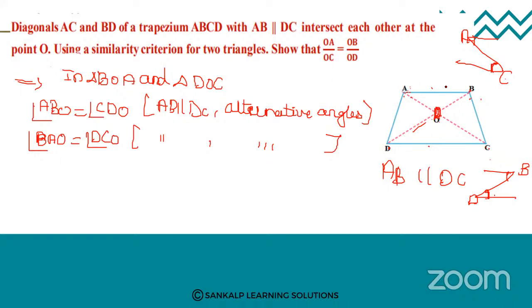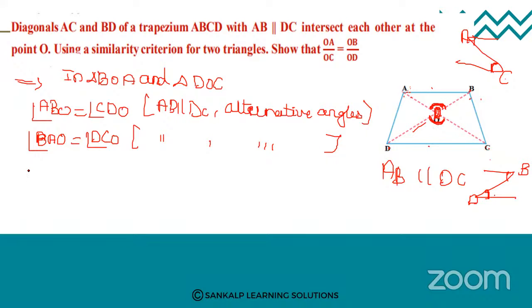Next, O is there. Angle O. We can see an O here, right? This O is equal here and also comes here. So angle O is making an angle with triangle BOA and DOC. This angle is common or corresponding angle, right?